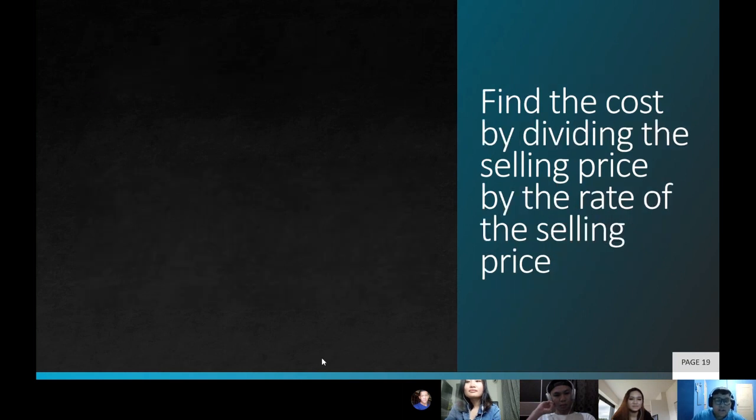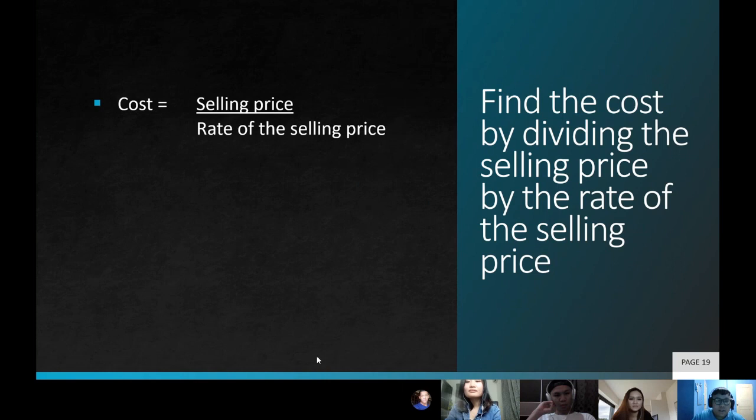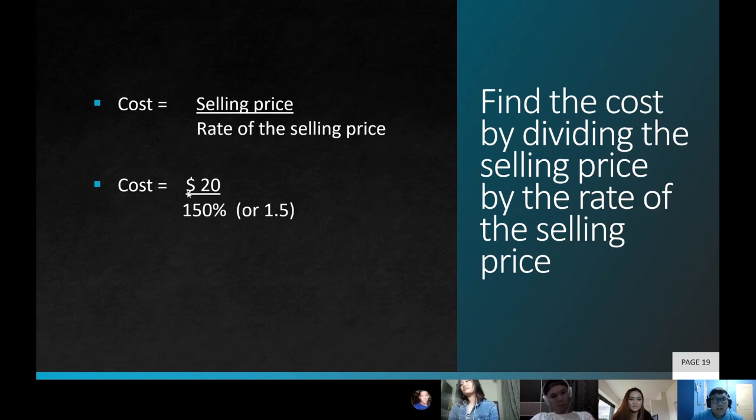As you can see, cost equals selling price divided by the rate of the selling price. So the $20 we divide by 150%, which we can also use in decimal, 1.5. So you will get the answer: the cost will be $13.33.